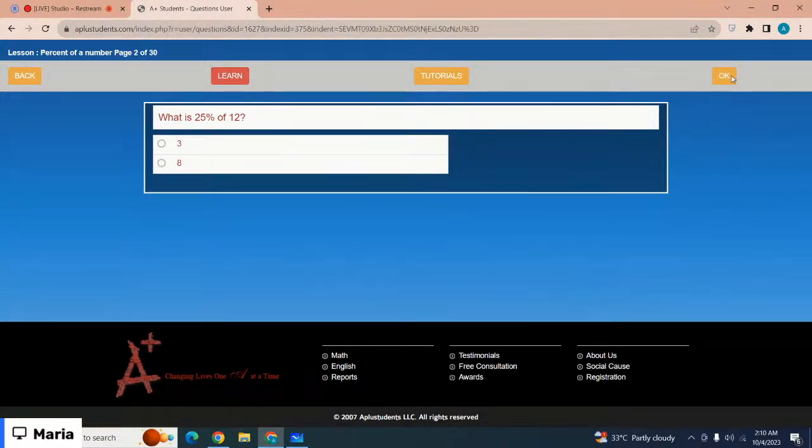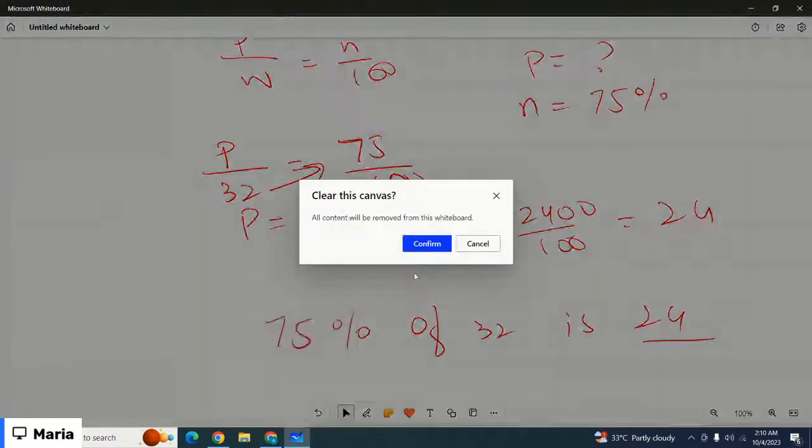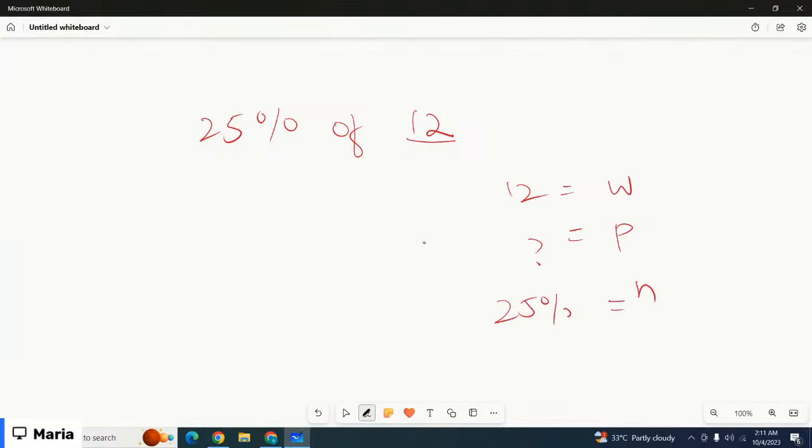Okay, what is 25% of 12? So you have to calculate 25% of 12, right? That means 12 is whole. You have to calculate the part of whole. How much part? 25%, right?